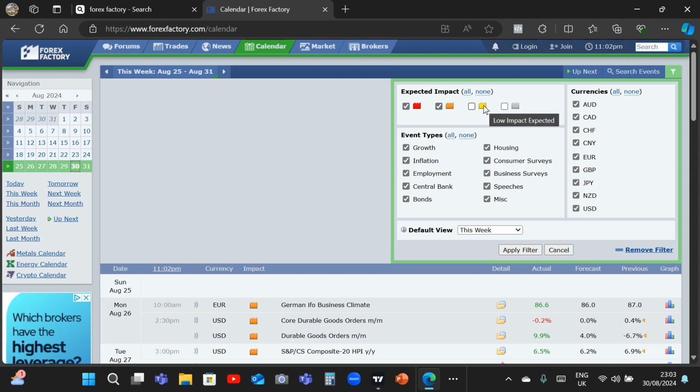This one is low impact, while this one is non-economic impact at all. So I unchecked all these ones and left only the high impact and the medium. All right. So what does this thing do?